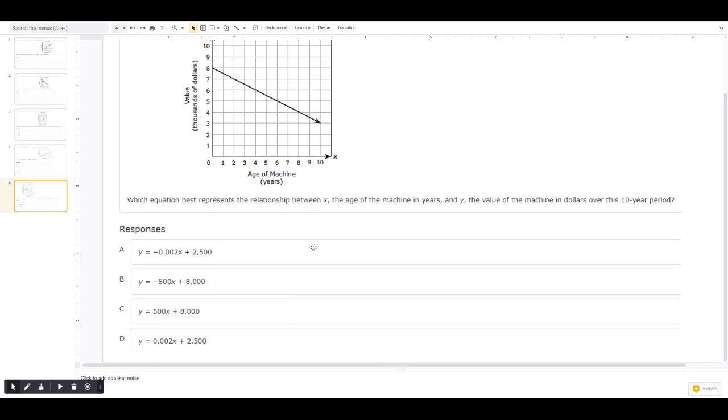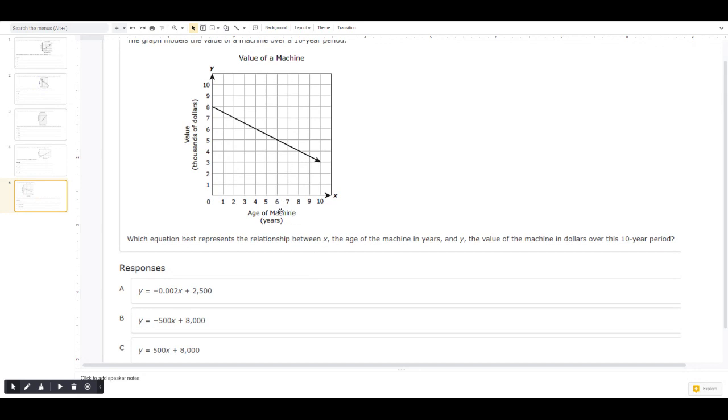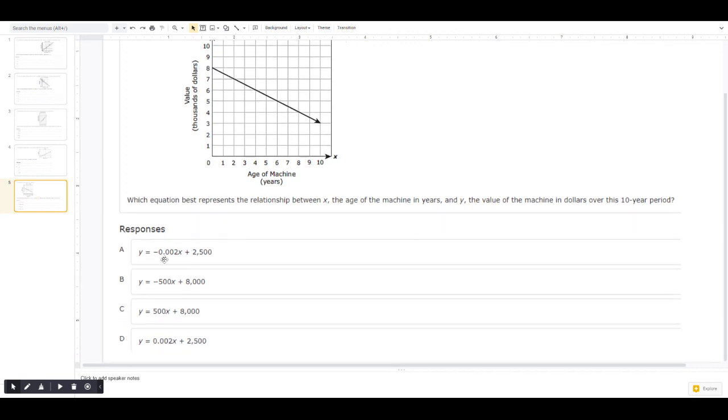The easiest thing to find on this graph is always the y-intercept. That's where your line hits your y-axis. And we notice this is in thousands of dollars. So this would be $8,000 for your y-intercept.